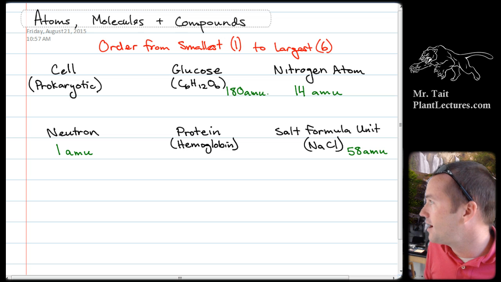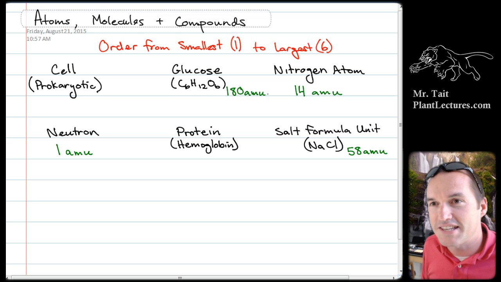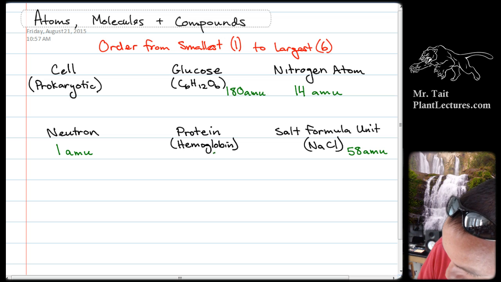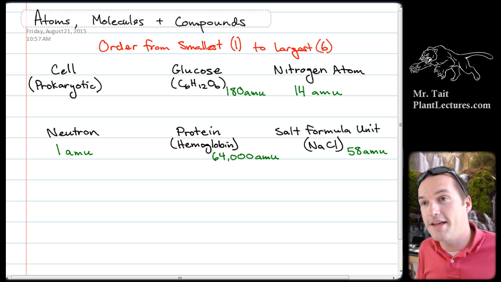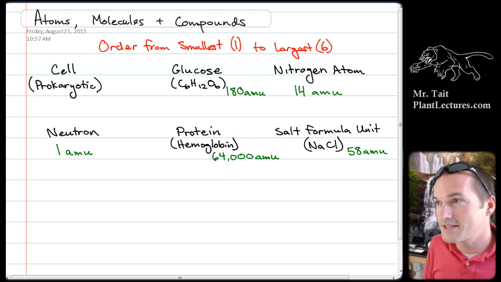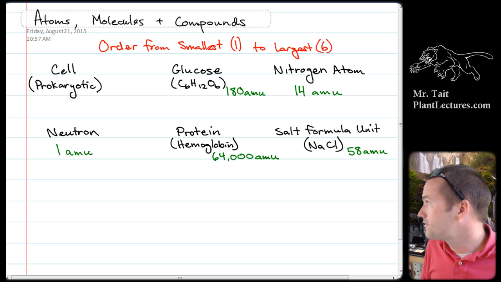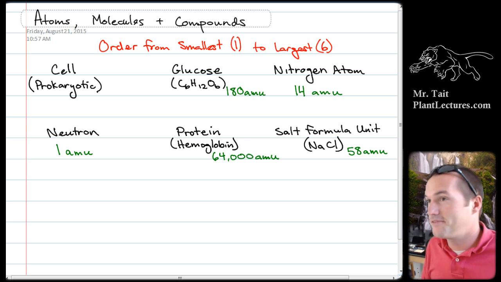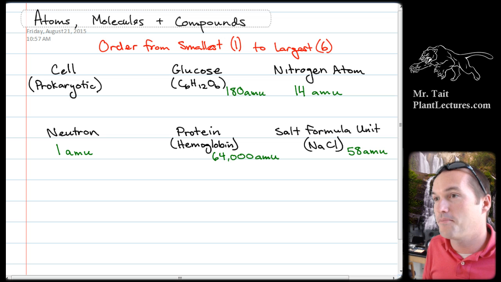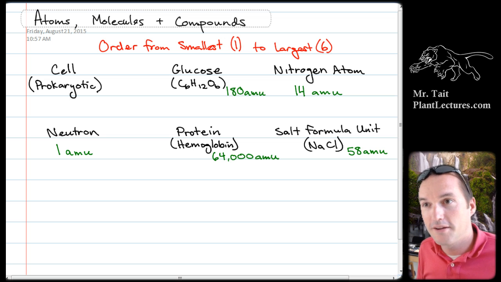That makes the protein hemoglobin 64,000 AMU. That's a lot, right? So if you were looking at the difference between glucose and a protein, you could fit a lot of glucoses in the same place that you could fit one protein, right?